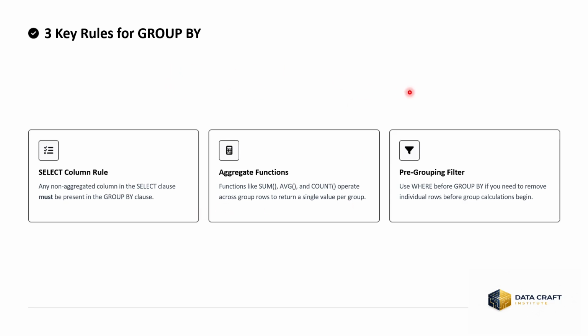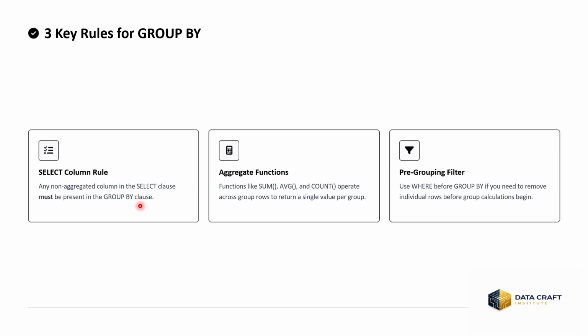It will give you one row for the aggregated function. For example, for each department, it will give you one row. And that is the main reason why anything in the select on which an aggregate function is not applied, you need to put in the group by clause.